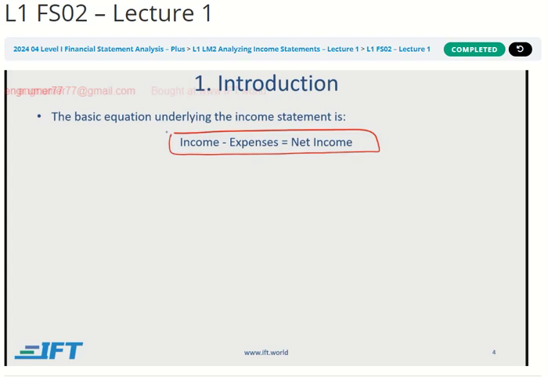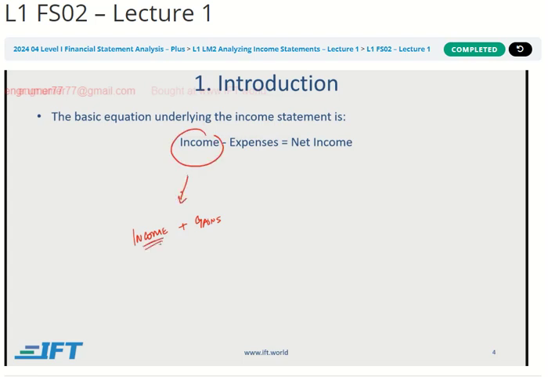There is, of course, a lot of expansion that will happen to this equation, such as, for example, we will say, okay, income plus gains. So you can break up your income into two things, which is income from your business operations, whatever sales you're having, or maybe there are some gains on your investments.